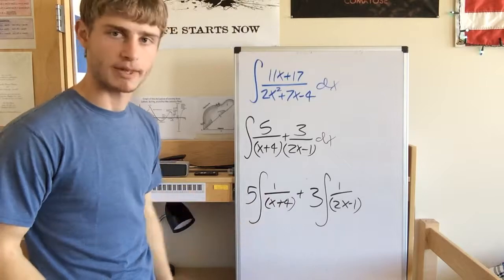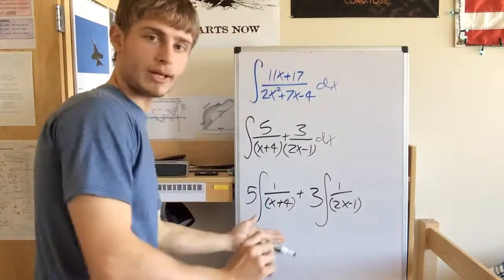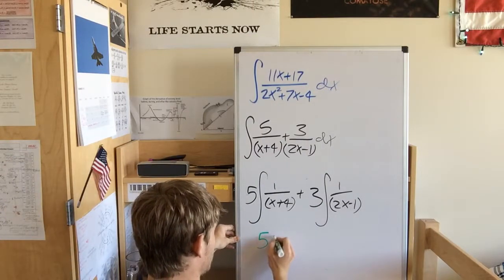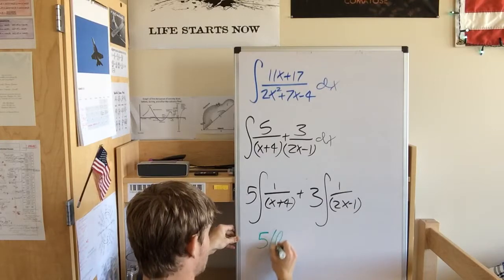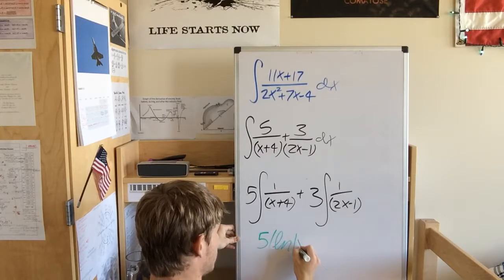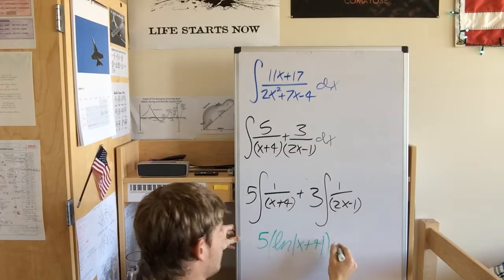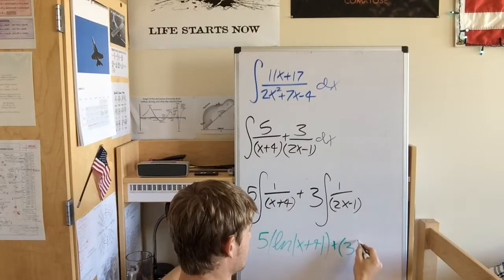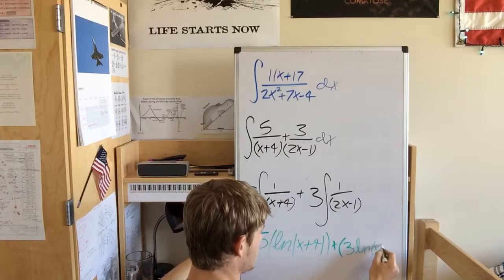What's 1 over something when we take the integral? It's natural log. So this whole thing is just going to simplify down to 5 natural log of x plus 4, plus 3 natural log of x minus 1.